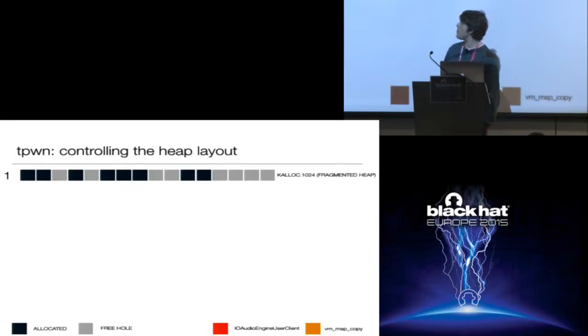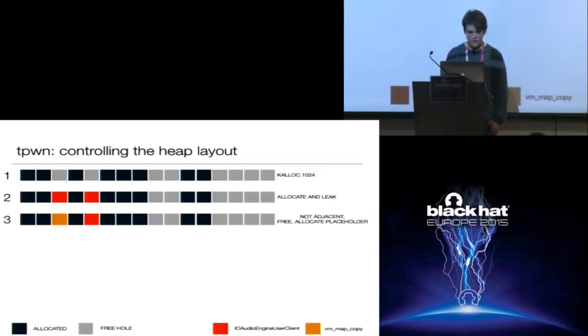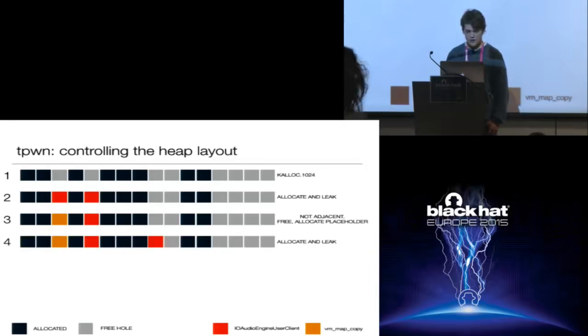So this is the kernel heap. But it's fragmented, so I allocate 2 objects and leak the pointers. They are not adjacent, so I free the first one, allocate a VM map copy in, and allocate a new object.